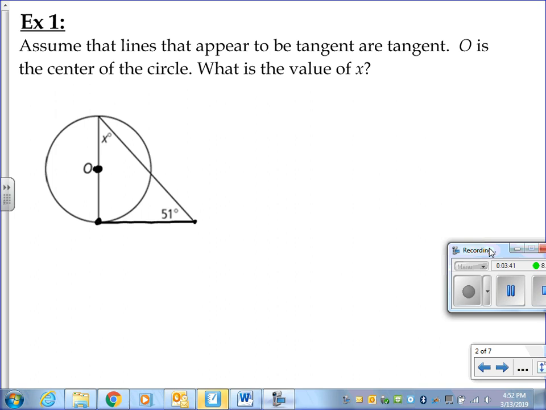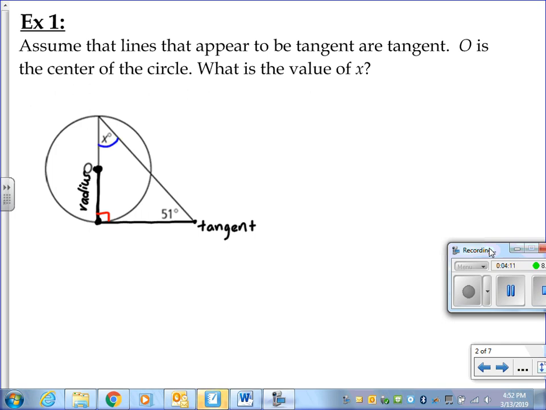And coming from the center, I do have a radius. I actually have a diameter drawn, but half of it is definitely a radius. So right away, if you guys ever see a tangent and a radius, what can we draw inside of the circle? A 90-degree angle. Now you'll notice you also have a triangle here, and one of the angles is x.